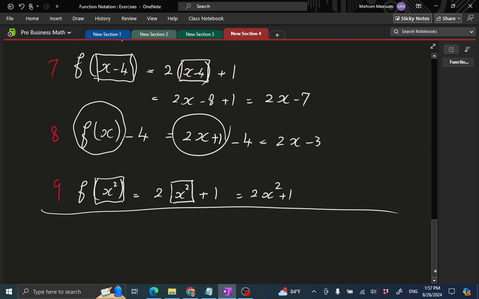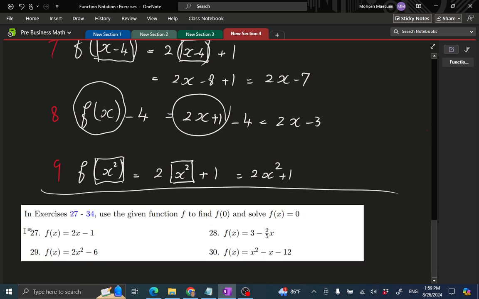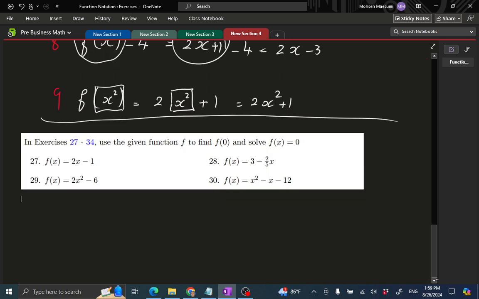Okay, now let's go ahead and do another example. In the next set of exercises, we are given a function f. We are supposed to find f of 0 and solve f of x equal to 0. So let's take one of these and carry it out.